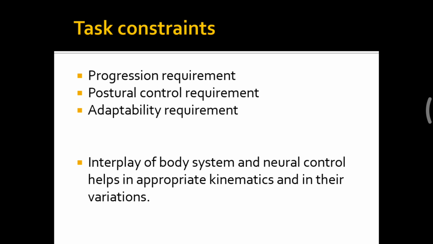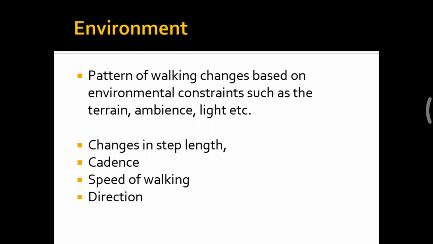So the interplay of body systems and neural control helps in appropriate kinematics and also in their variations. And lastly, your environment is a very important factor, and depending on the environmental constraint, your gait has to change, and it needs to vary in terms of step length, speed, cadence, direction, and the like.